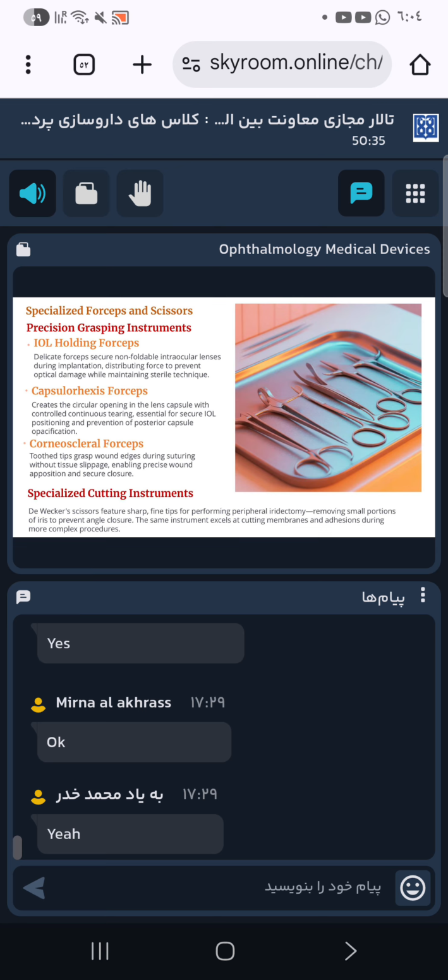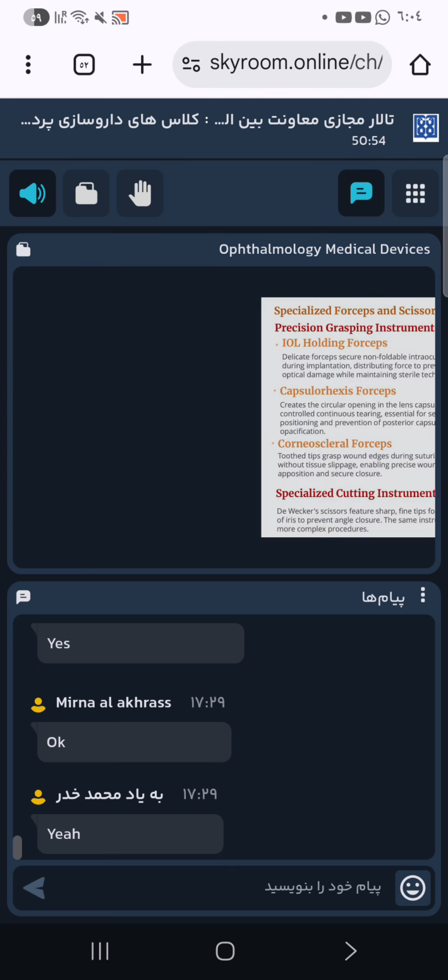It removes a small portion of iris to prevent angle closure glaucoma, and angle closure actually. And this device can be used as a specific scissors of the eyes for membranes and adhesions during more complex procedures.